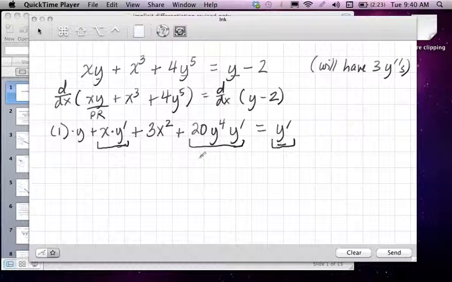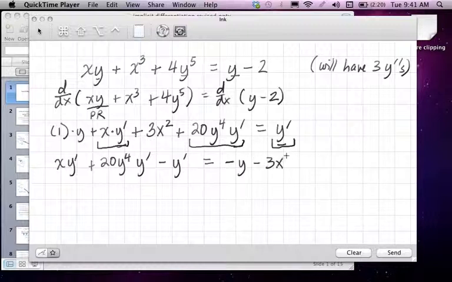These three are all going to go on to the left side. It doesn't really matter what side I put them on. Plus, these are already on the left side, so they're good. And then I'm going to move this to the other side, so minus y prime. And then I'll move the other stuff. So I have a 1 times y, which is just y, and a 3x squared. So I'll have minus y minus 3x squared. Move them to the other side.